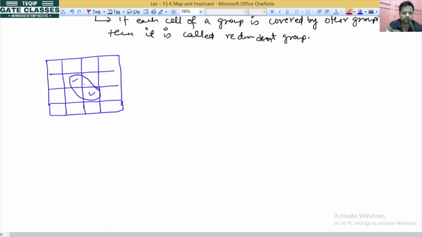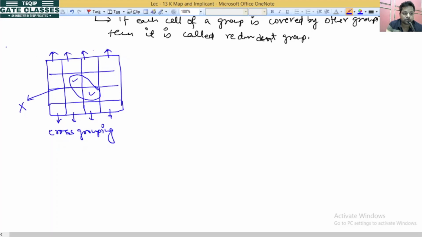You cannot group this one. This grouping is not allowed. This grouping is not allowed. So cross grouping is not allowed. You can group this side with this side.